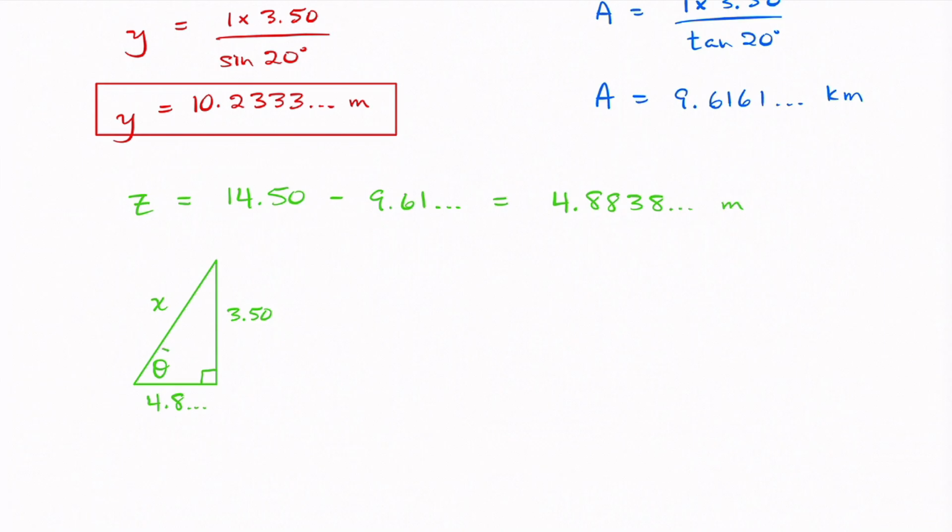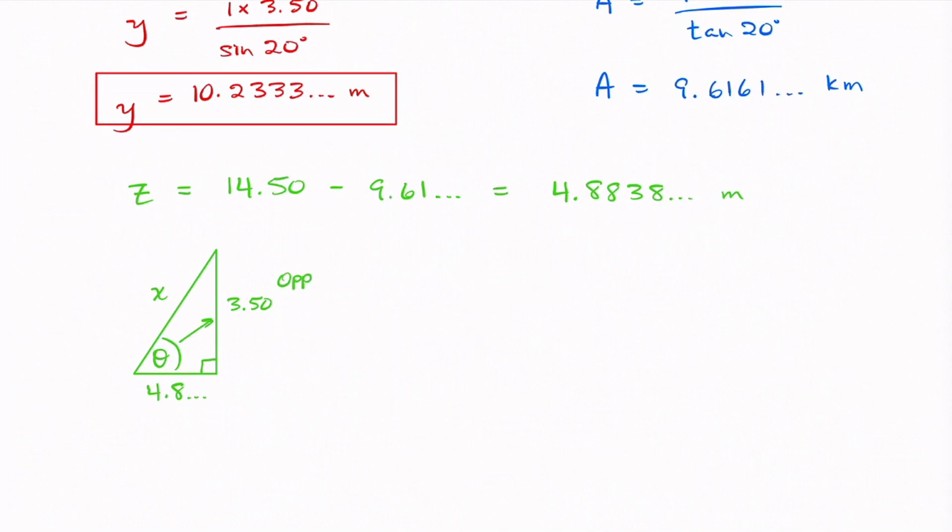Okay, so standing from that angle theta, this is going to be opposite. So that is opposite, and then this close side, that is adjacent. So I'm going to use the O and the A, that's going to be another tan. So tan theta is O over A. And tan of theta, we don't know what theta is. Opposite though is 3.50, and then adjacent is 4.8.